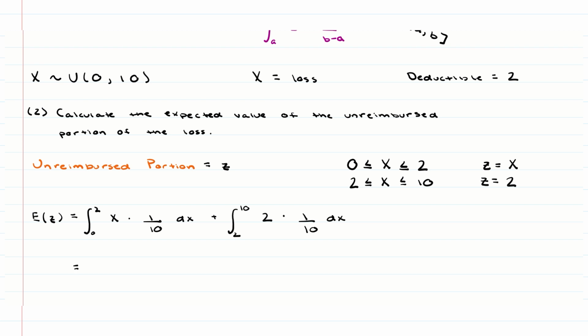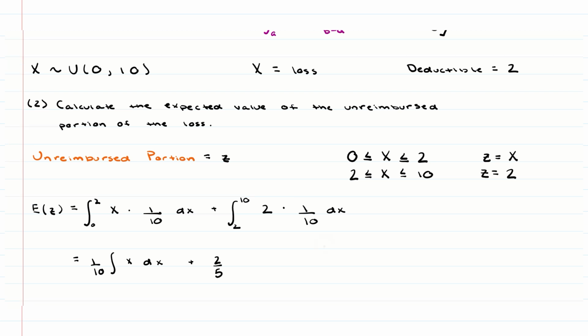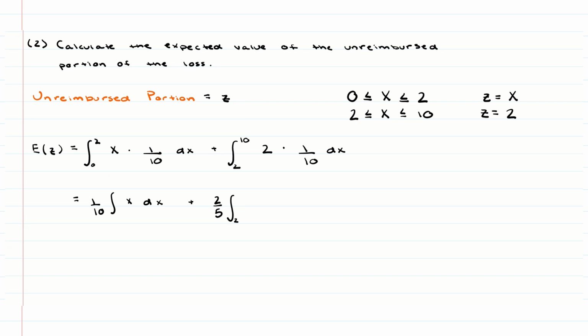I'll factor out constants from each integral. And then when we integrate, we're left with 1 over 10 times x squared over 2 from 0 to 2 plus 1 over 5 times x from 2 to 10.